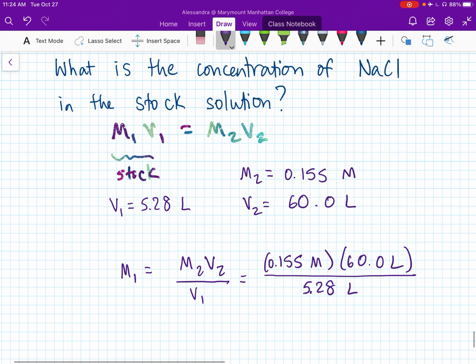And that is going to give me the molarity of the stock solution as 1.76 molar NaCl. So that would be the concentration of the sodium chloride solution that is used as the stock solution to make the saline solution that is used in hospitals for IVs.